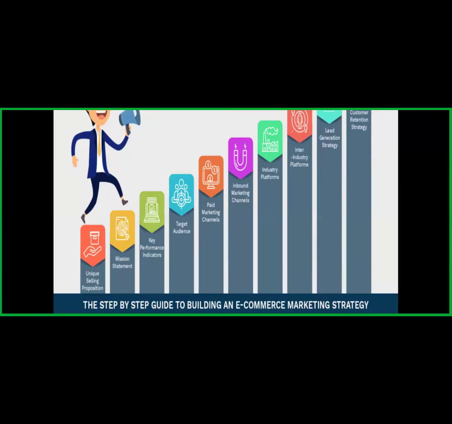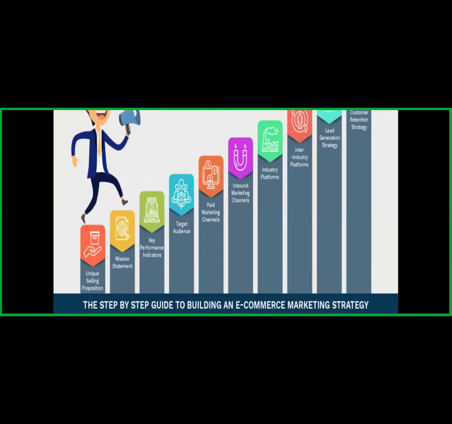Inbound marketing channels means how internal marketing will be done by the company. Next is industry platforms. On industry platforms also, the marketing can be done. So whether the company is going to market its product on the industry platforms, that is again to be checked.